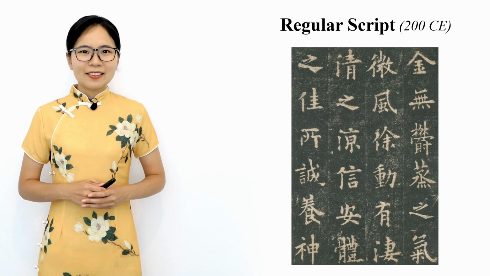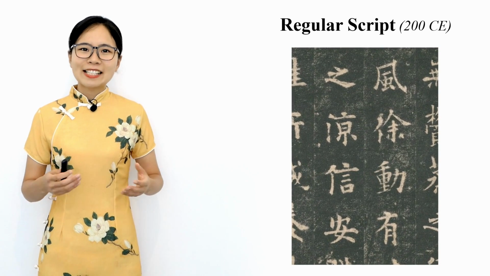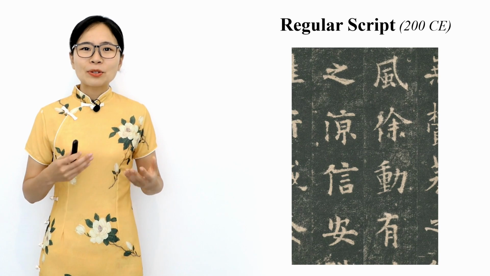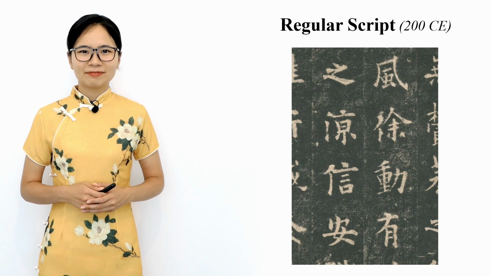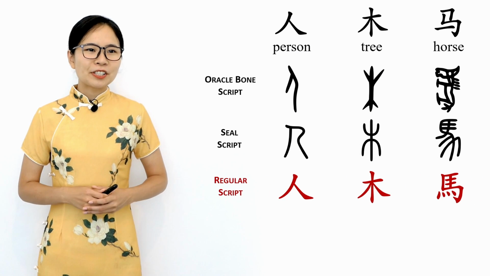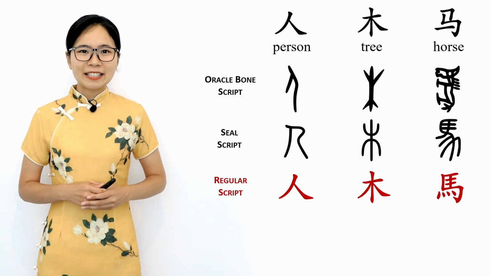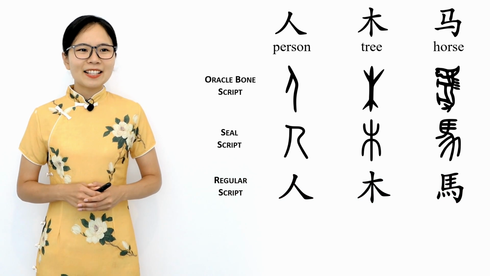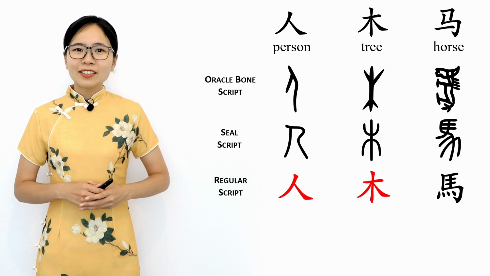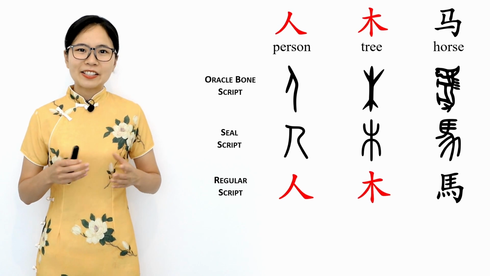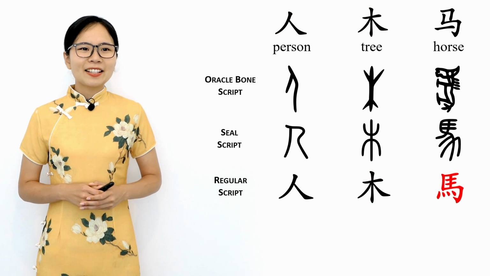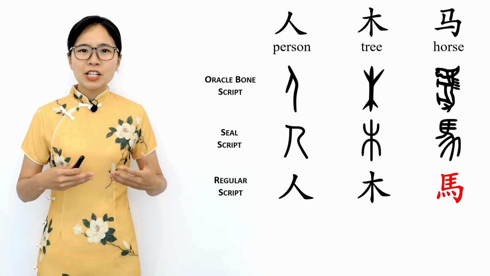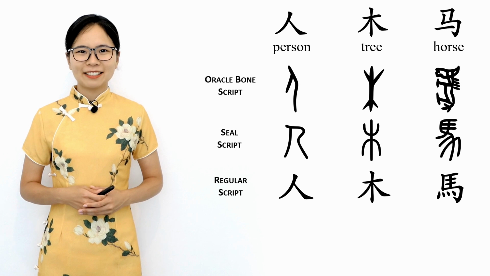In regular script, the characters don't have rounded lines anymore, and the structure of the characters makes them easier to write quickly and uniformly. Here are the characters for person, tree, and horse written in regular script, also known as traditional Chinese characters. The characters for person and tree are the same as the characters I showed you at the start of this lesson. The character for horse has a similar outline, but it requires more brush strokes or pen strokes to write it.